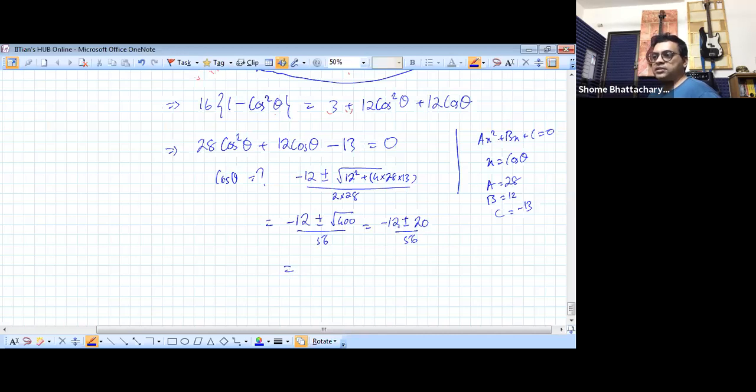So minus 12 plus 20 will give you 8, and 8 by 56 will give you 1 by 7. So you get cos theta as 1 by 7, that's one root, or the other root will be minus of 32 by 56. So 32 by 56 will be 4 by 7.